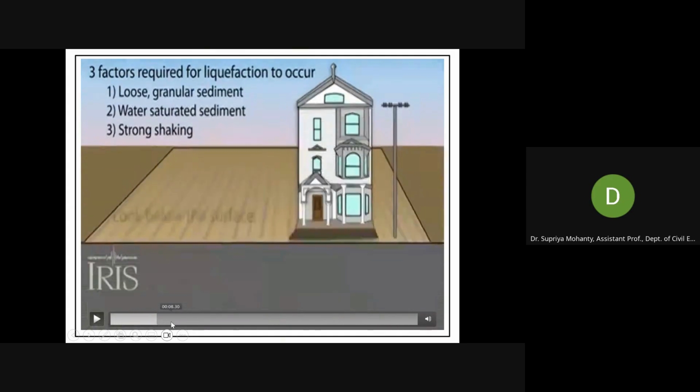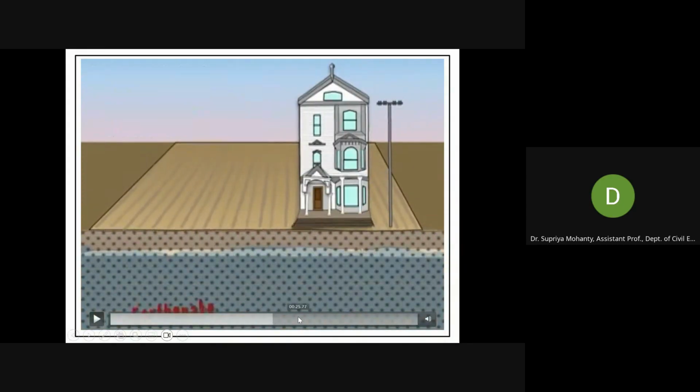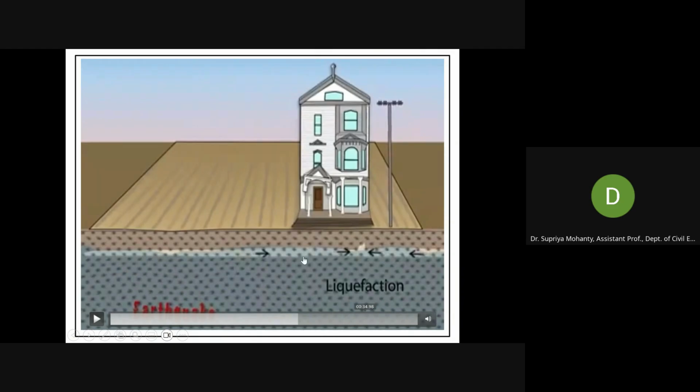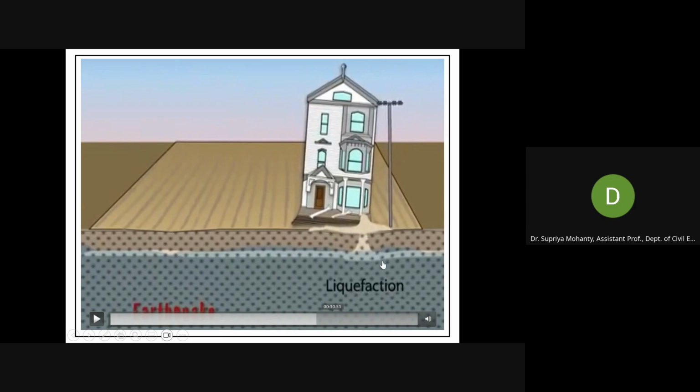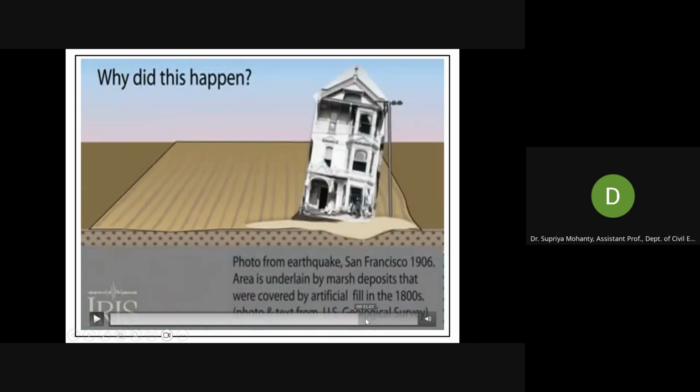If you see here, at shallow depth there is a loose granular sediment, and it was under saturation condition, the groundwater table was at shallow depth, and under earthquake loading this was saturated, and under shaking the pore pressure increases, and particularly at shallow depth, this loose sediment layer loses its shear strength, and this soil behaves like fluid, and because of the failure of this thin layer only, the bearing contact between the foundation and the structure, that is the loss of bearing support, and the failure of the structure happened.